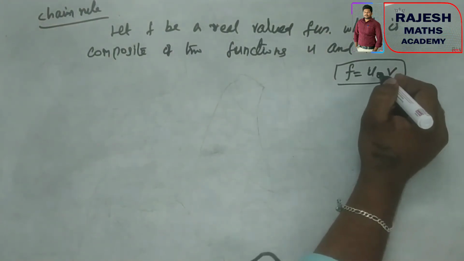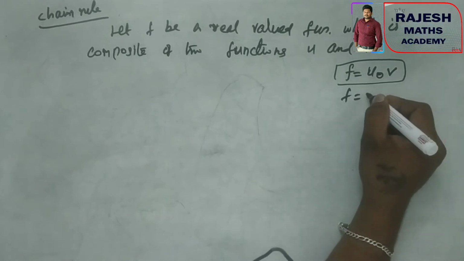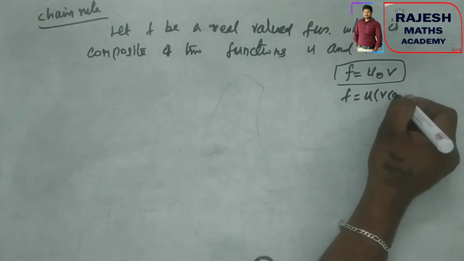In yesterday's class we studied u composition v. What is u composition v? That is u of v of x.